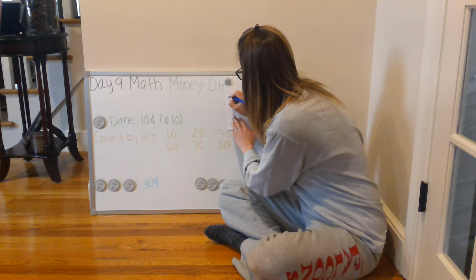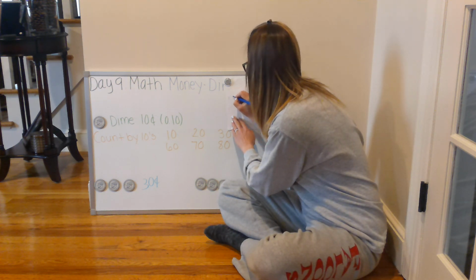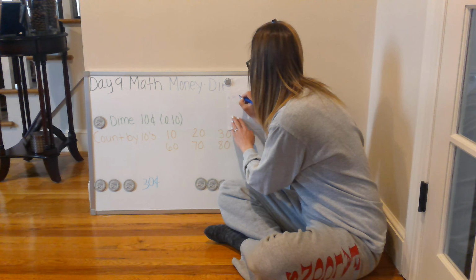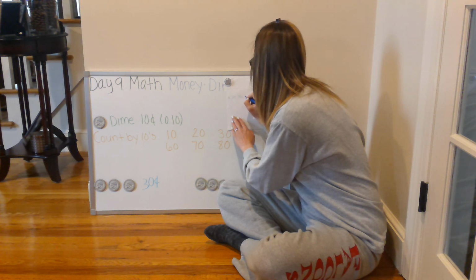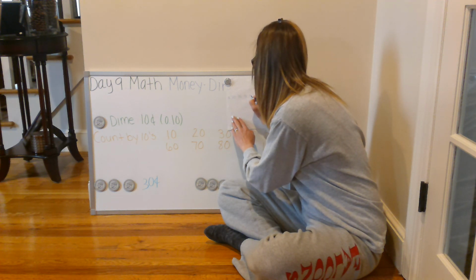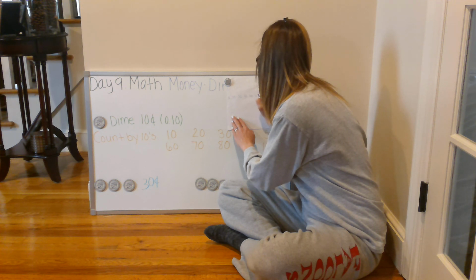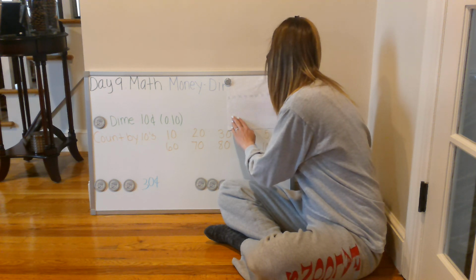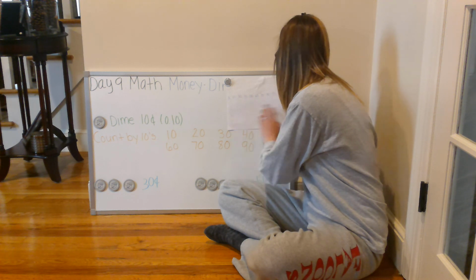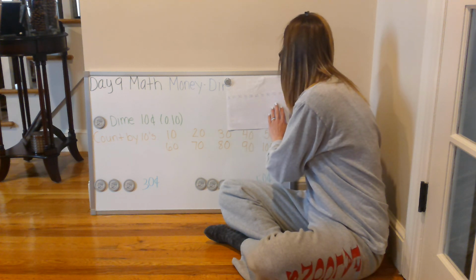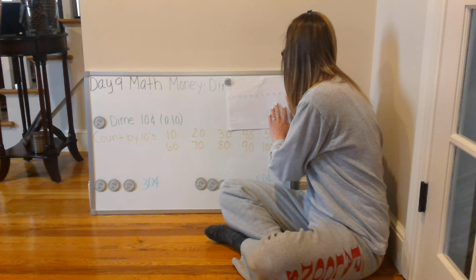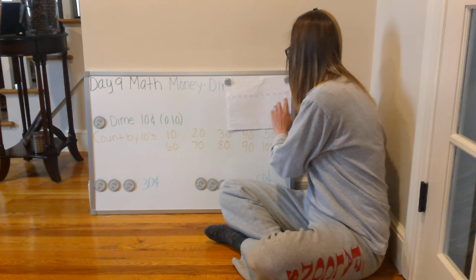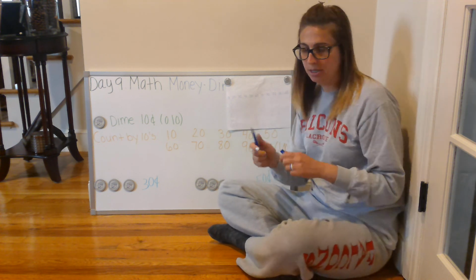First by writing 10. So 10, 20, 30, 40, 50, 60, 70, 80, 90, 100, and then in parentheses we can do 1.00, which indicates $1.